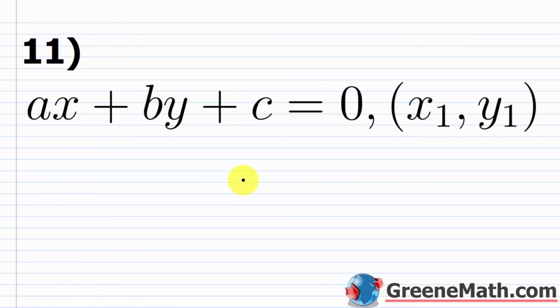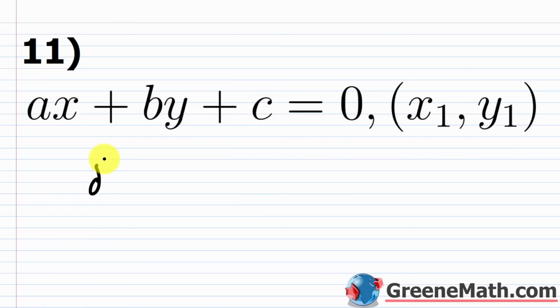So the first thing is, I see that I have my equation ax plus by plus c equals 0 given in what we call general form. So that's what most books would call that. Then my point is just labeled as x sub 1, y sub 1. So the strategy will be the same as what we looked at in problem 10 when we did that using the longer approach. So first, let me write out what we would expect.